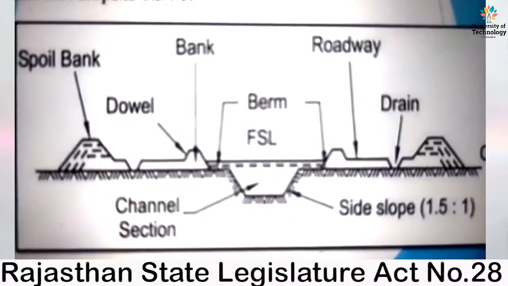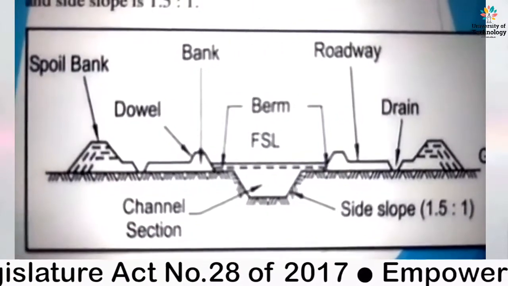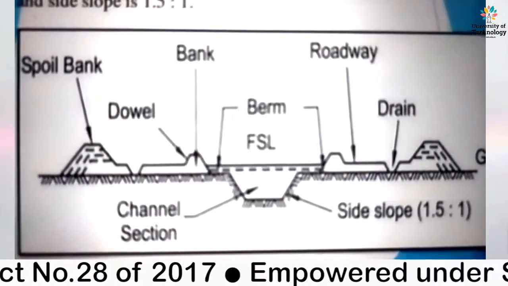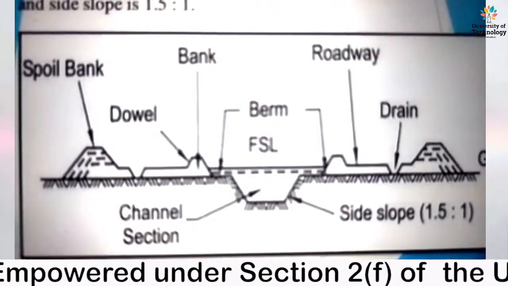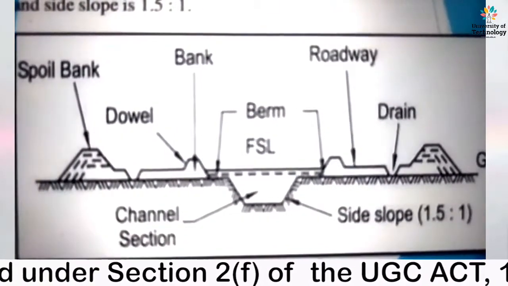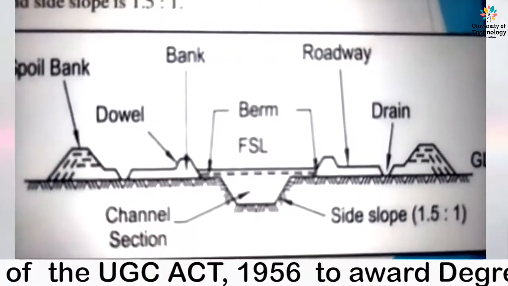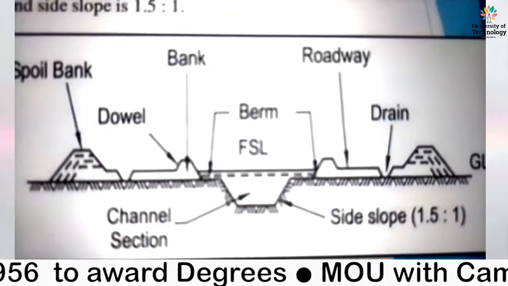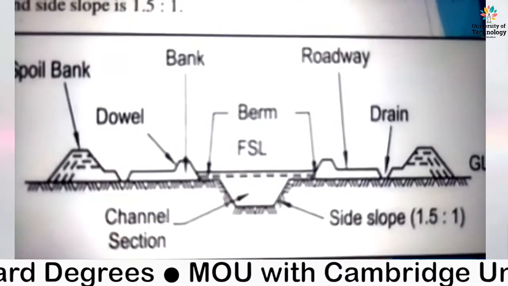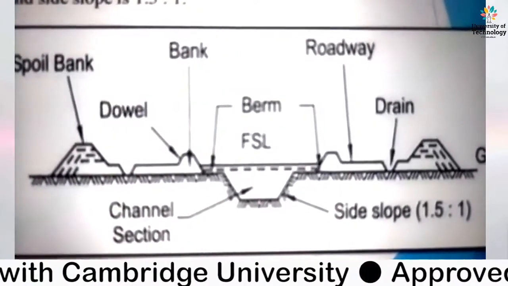Here you can see various terms in the cross section of a canal: spoil bank, dowel, bank, berm, FSL, channel section, roadway, side slope, drain, ground level. All those components are here.